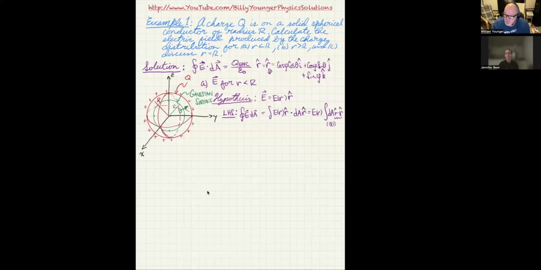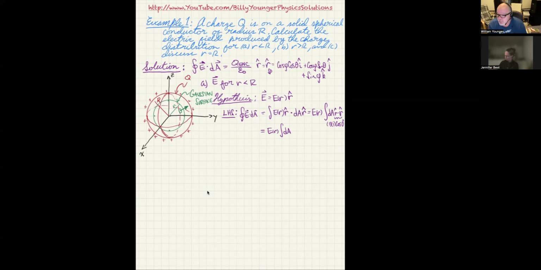So I do 1 times 1, and then they're parallel, so it's times the cosine of 0 degrees. And of course, cosine of 0 is 1, so the whole thing is 1, and we're basically just left with E of R times the integral of dA over the surface of a sphere.